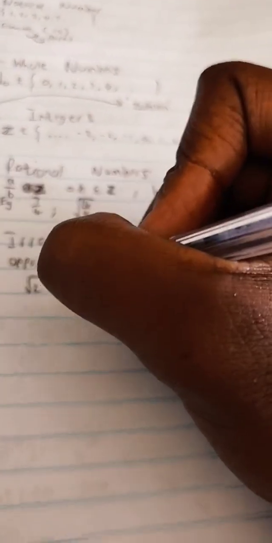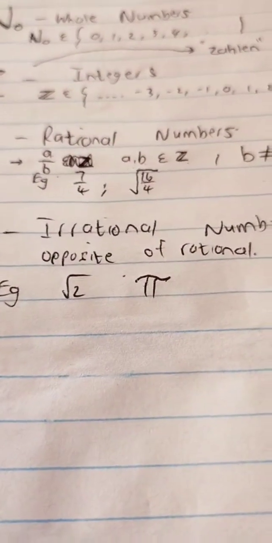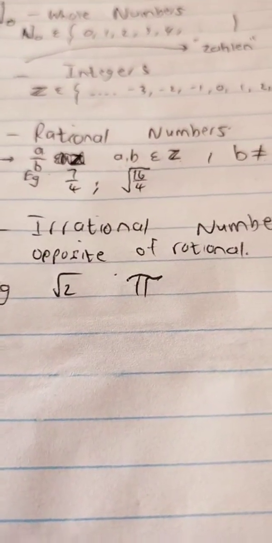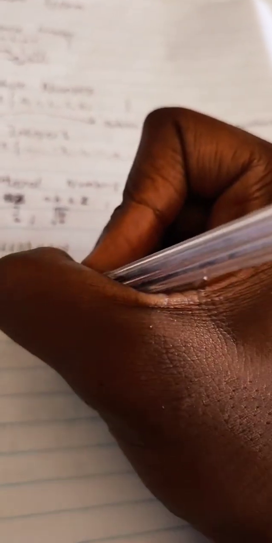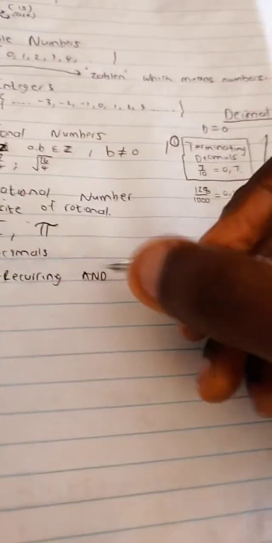If you look at the square root of 2, for instance, and pi in your calculator, these are all examples of irrational numbers. Why? Because if you look at the decimals, they are non-recurring and at the same time non-terminating.